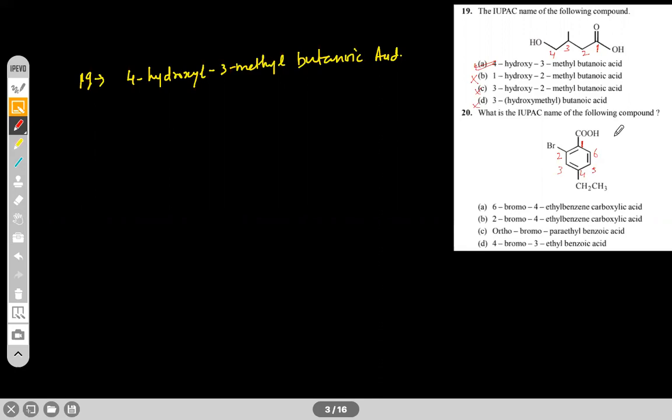Right. So you see the benzoic acid has one bromine and one ethyl group present on it. Right.